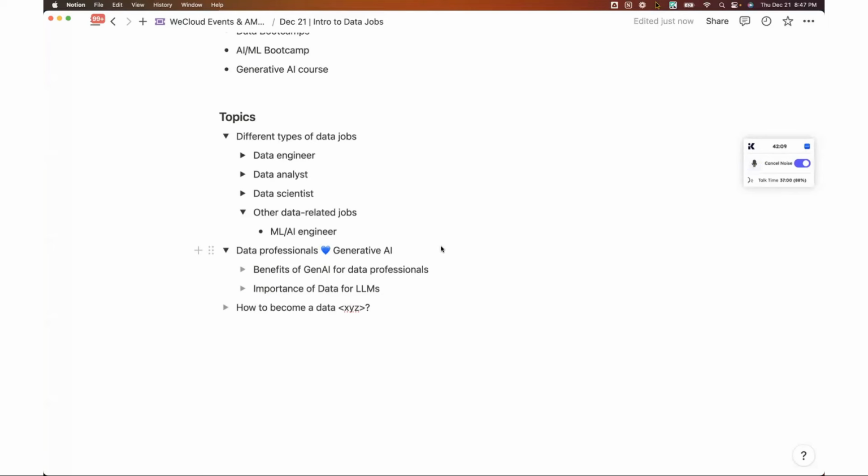So my suggestion here is that whether you want to become a data engineer, data analyst, data scientist, or even work in AI, data skills are very important. And then business experience, business knowledge and business logic are also very important.